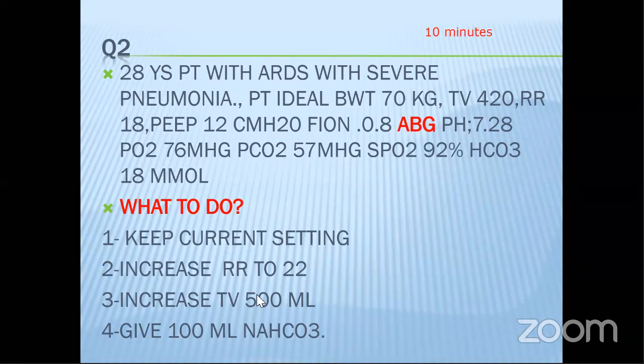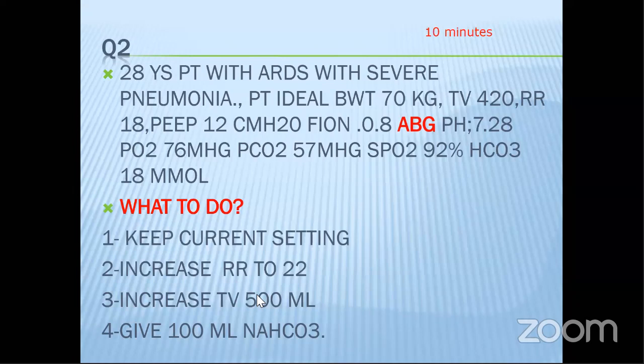Why do we have to keep the current setting? Because if we calculate this patient's tidal volume, it is 420, and the patient is now in the safe window, which means this strategy improves mortality. So we have to accept this high CO2 and this respiratory acidosis for the sake of lung protection.